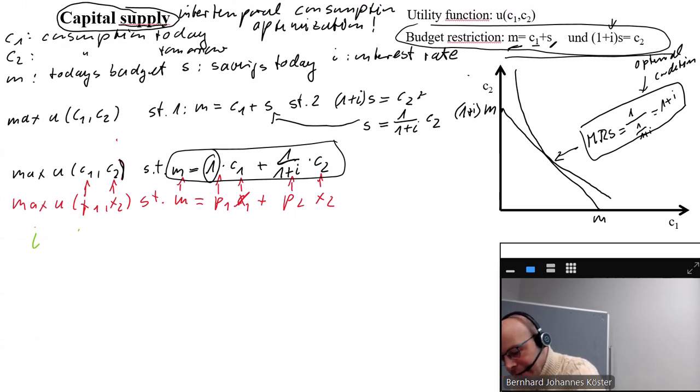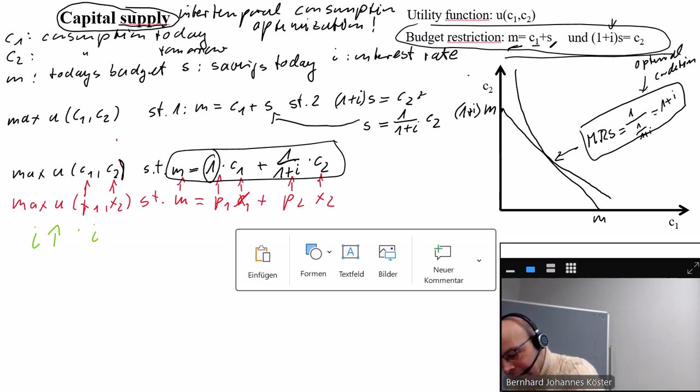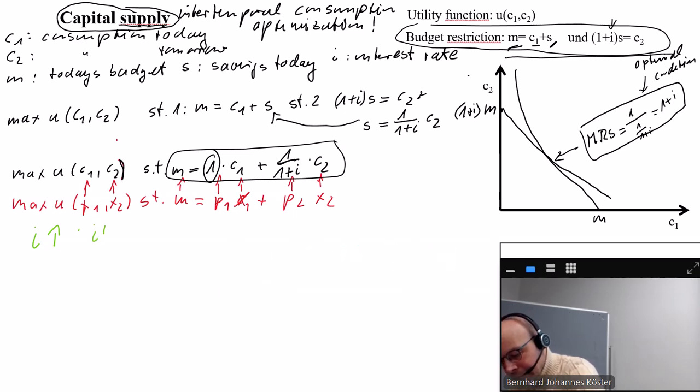If I is increasing, so I prime larger than I, what happens in my diagram at a first step when I'm increasing the interest rate?